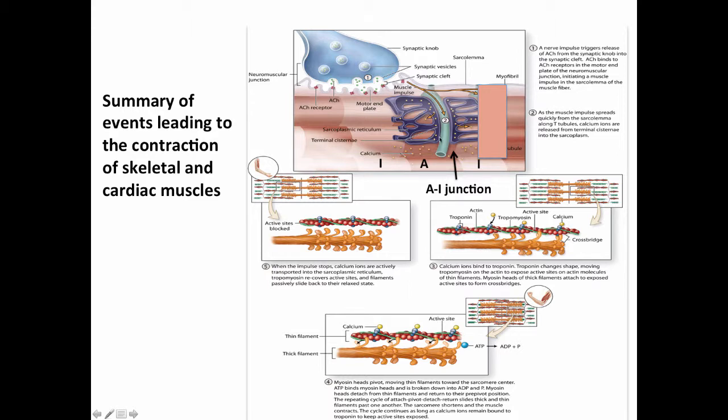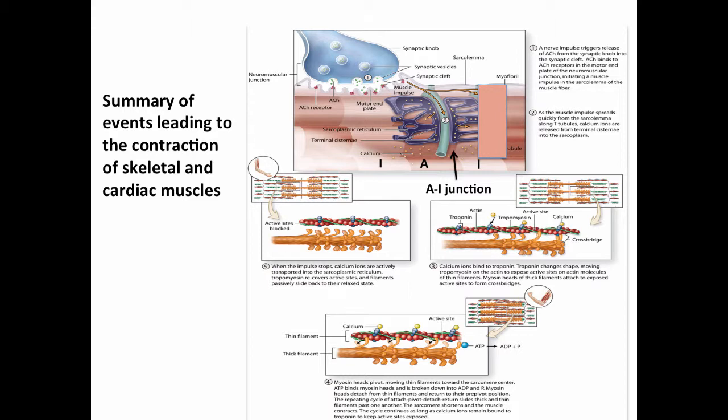And this occurs, I should have said, at the AI junction. At each AI junction, the sarcoplasmic reticulum is also specialized to form these terminal cisternae, one on each side of the T-tubule. And these terminal cisternae are reservoirs for calcium. So calcium is stored here waiting to be released.